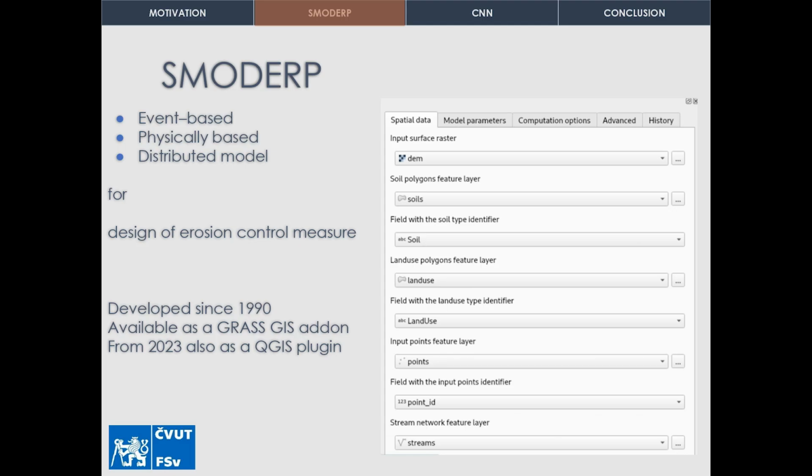The last thing of the motivation is that we have an event-based, physically based erosion model. For the development of this model we used data from field blocks and rainfall simulators, and we developed this model over the last 20-30 years in cooperation with Ondra and Martin Landa.